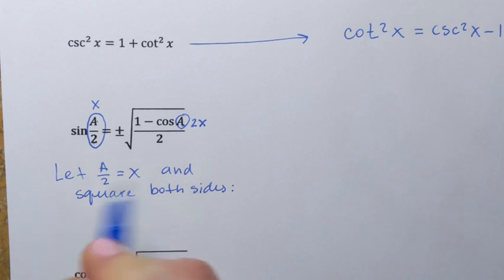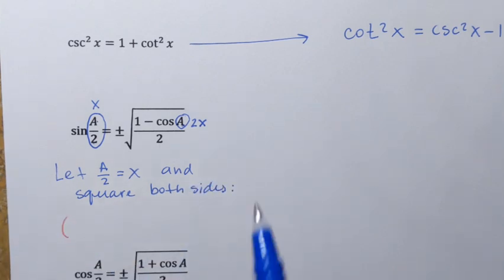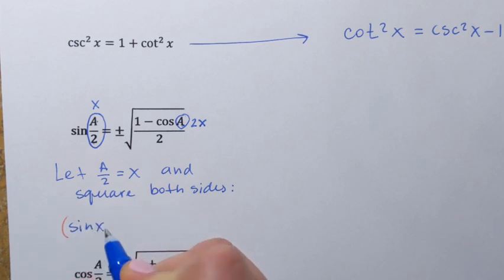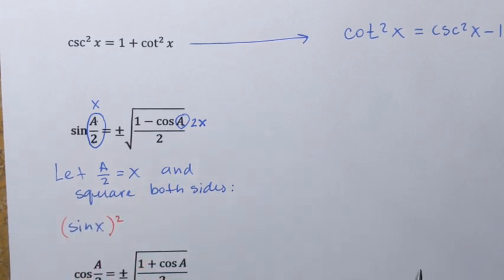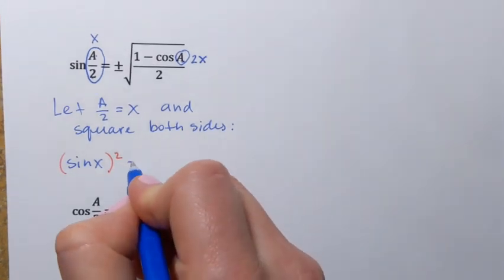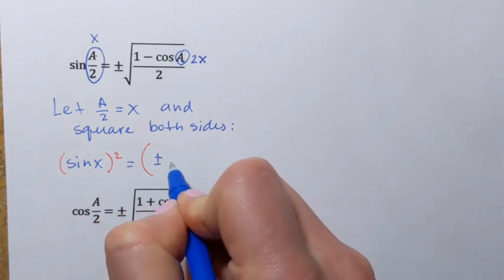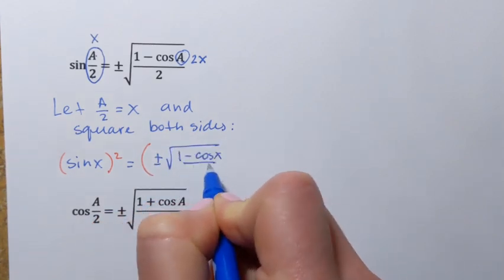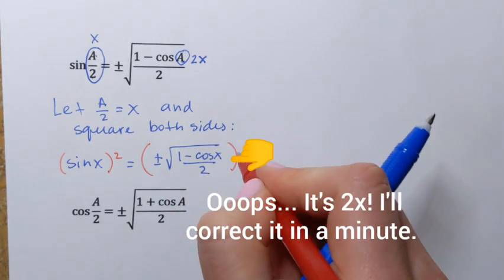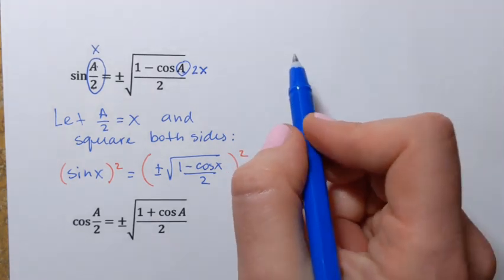So in other words, we will square sine of x on the left hand side, and we will square plus or minus square root of 1 minus cosine of x over 2. And that's what we'll get from here.